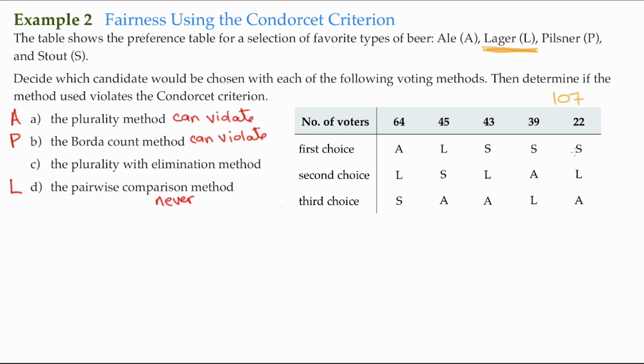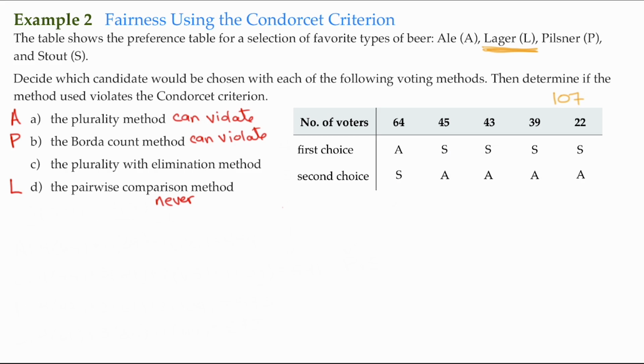And again, we eliminate whoever has the least amount of first choice votes, and that's Lager. So we'll just cross them out. Everybody below shifts up in ranking, so this is what it should look like. So now we have 45 plus 43 plus 39 plus 22.